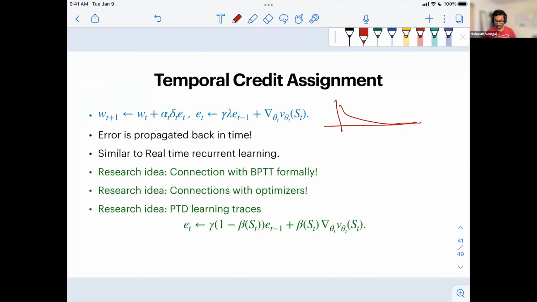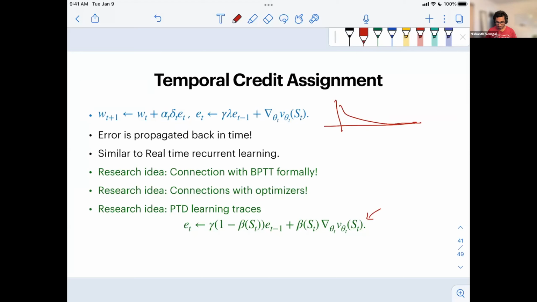But in eligibility traces, you are exponentially decaying your credit and assigning it to all the states seen in the past. What we do here is provide a mechanism where you can skip certain states in between and assign the credit directly from one state to another state, which are temporally very far from each other.